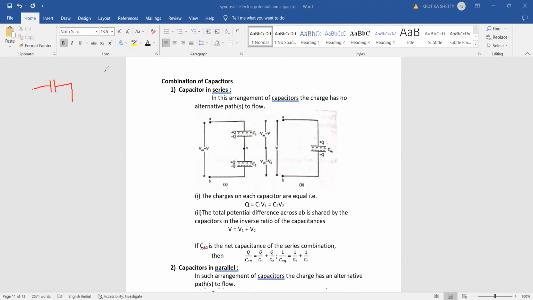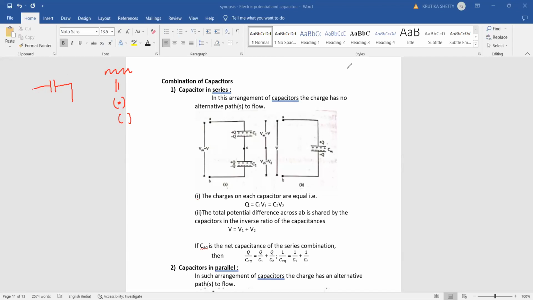In that we have learned how the resistors are denoted with the zigzag line. How battery is denoted, one is bigger line, one is smaller line. Okay, then plug key is denoted with brackets. If the dot is there, closed one. If it is not there, it is an open circuit, you have learned this in school. Here the capacitors are denoted by two parallel plates.